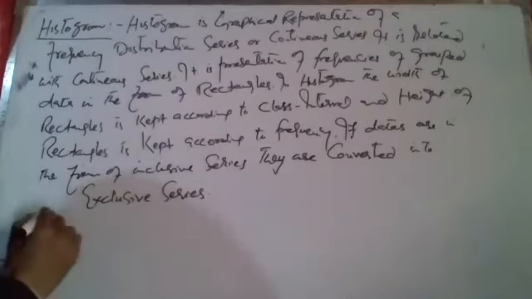So if data are in the form of inclusive series, they are first converted into exclusive series. Now we will construct a histogram. How to construct a histogram? You write down the question.